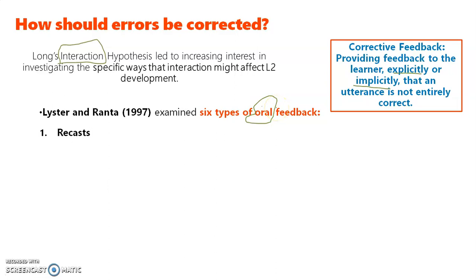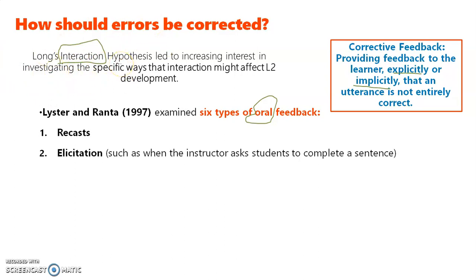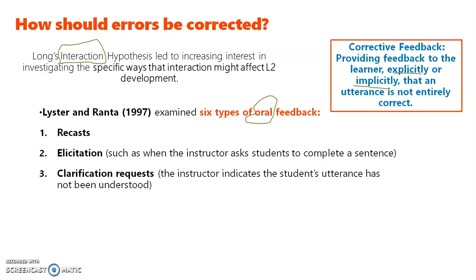We have recasts, that is, rephrasing the incorrect utterance correctly. Elicitation, when the teacher does not complete the sentence, the teacher would reach the wrong word and then prompt the student to correct themselves.